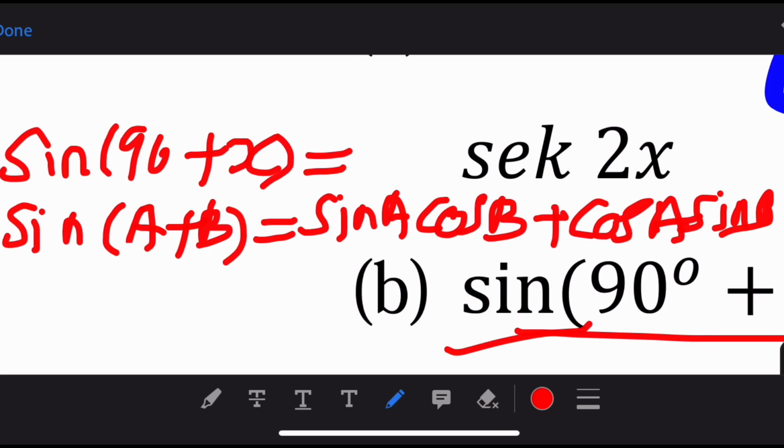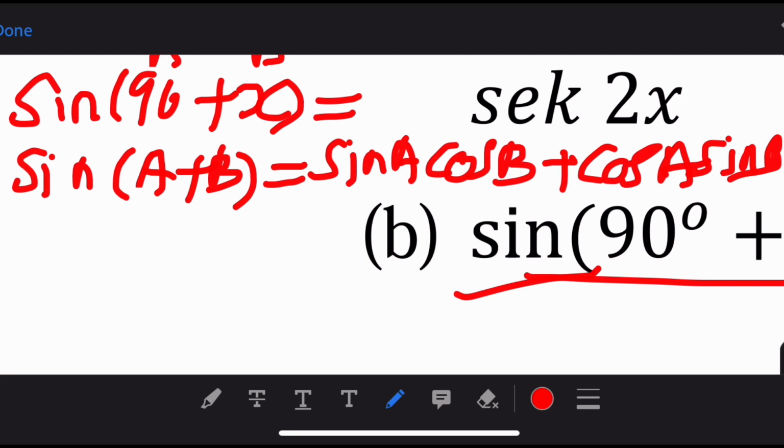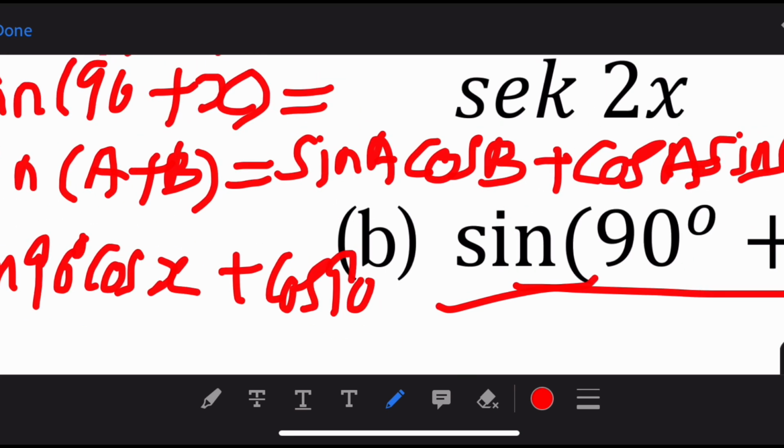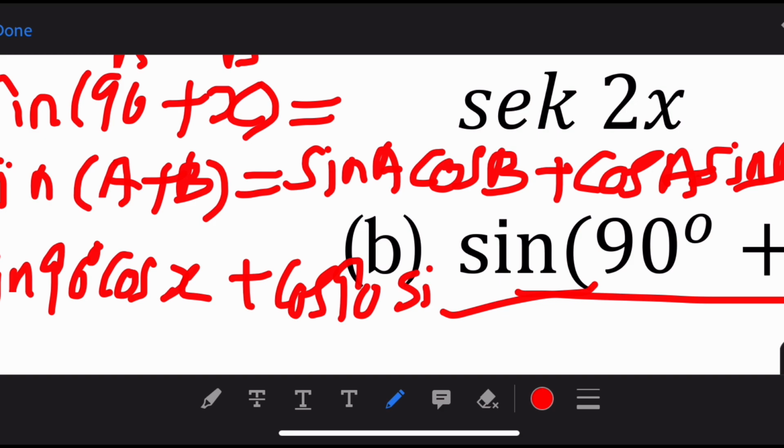And then you will substitute the angle A as 90 and B as x. So sine 90 plus x is equal to sine 90 cos x plus cos 90 sine x, right?